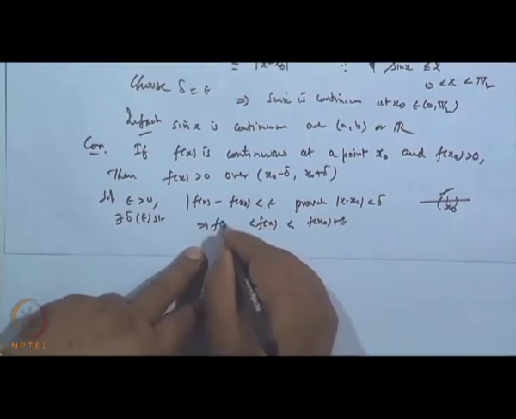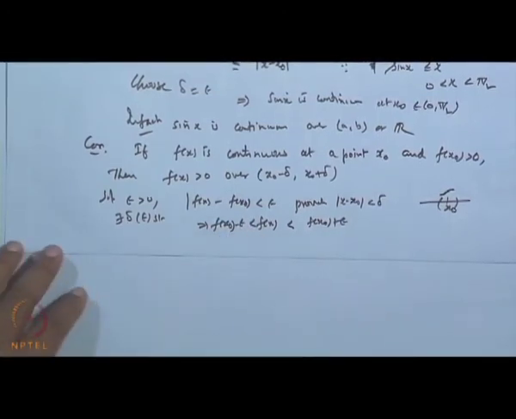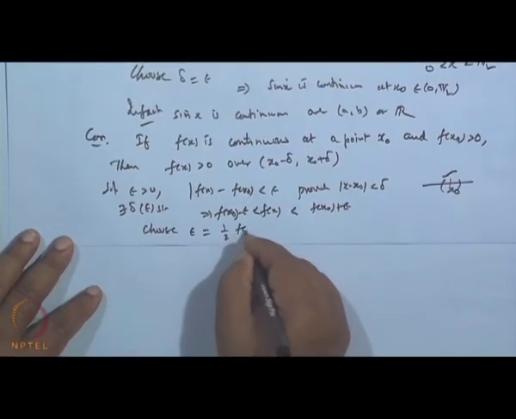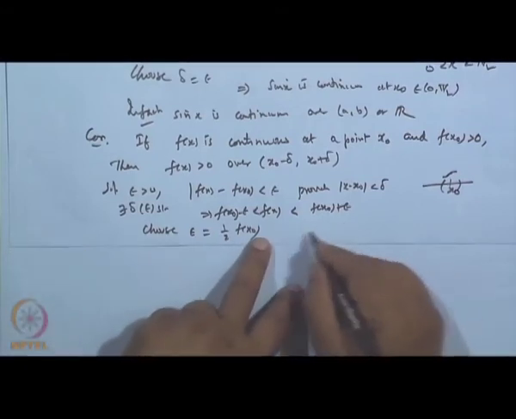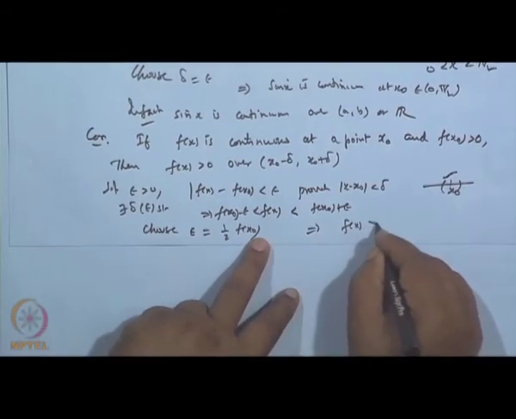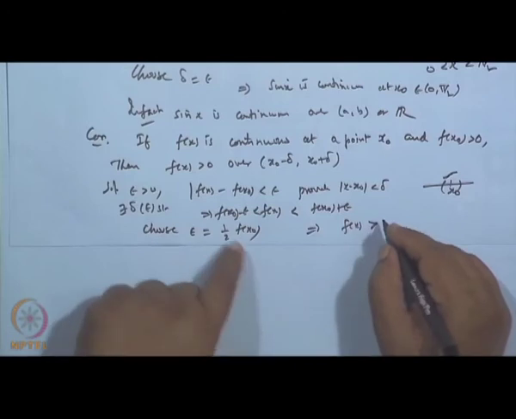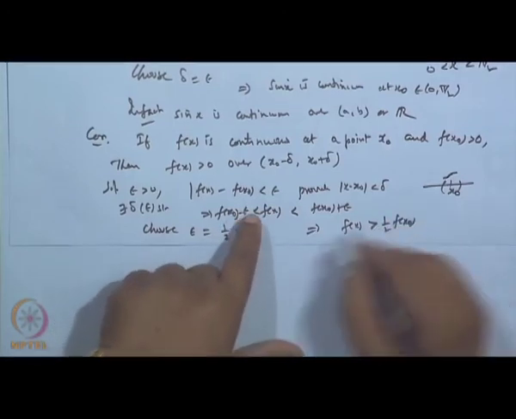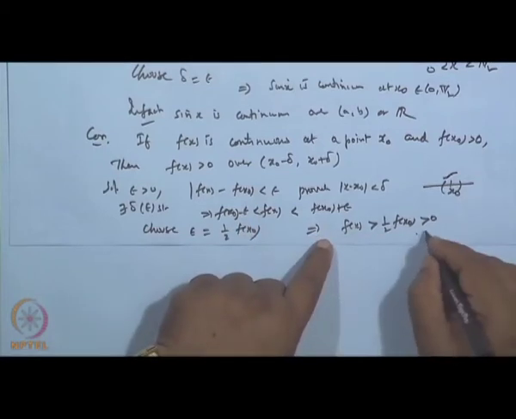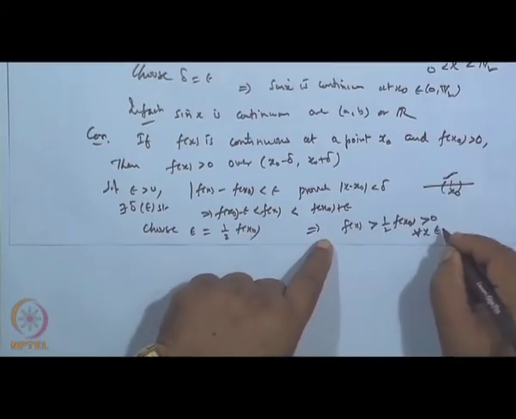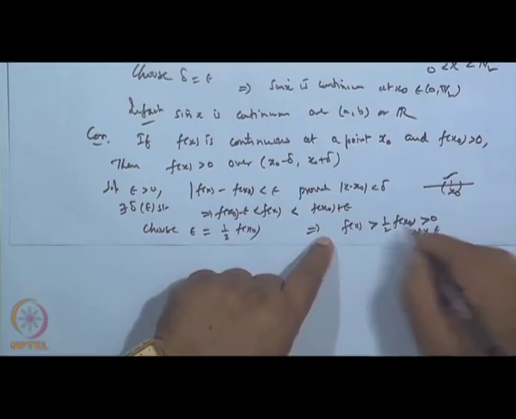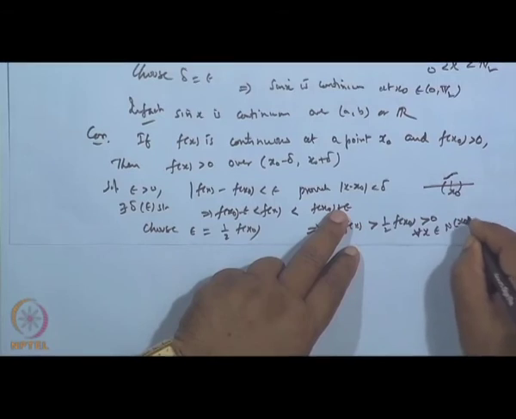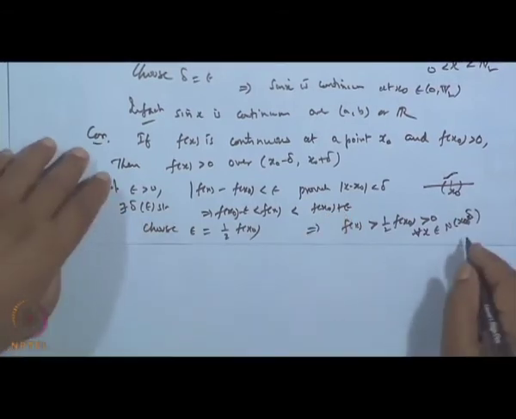So, if I choose epsilon to be half of f(x naught), then obviously f(x) will always be greater than half of f(x naught), because the left hand side is positive. So, this is true for all x belonging to the neighborhood of x naught with radius delta.